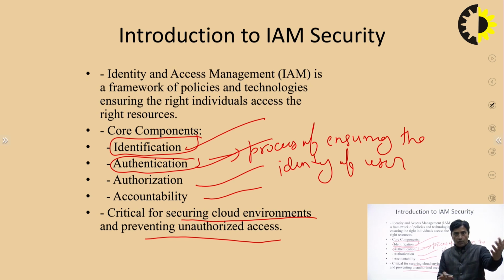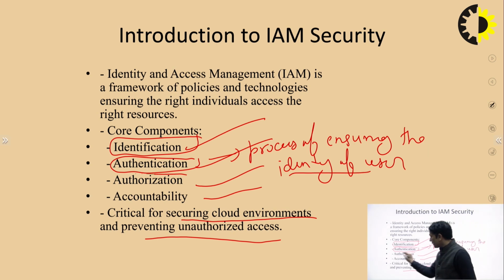When somebody knocks on your door, you recognize that there is some person trying to enter. Authentication is the next step: you try to verify their identity. If that is legitimate, then they may come inside, or they may not. This is the process of ensuring the identity.